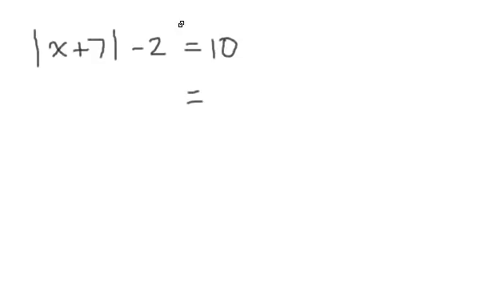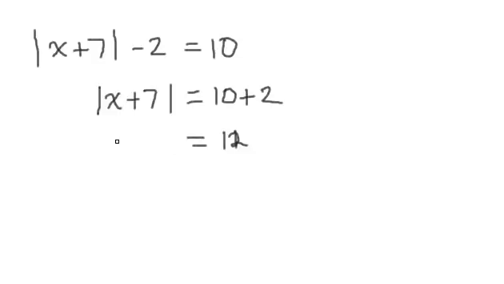So I'm going to take this negative 2 over to the right, and it's going to become 10 plus 2, and we have the absolute value of x plus 7. So now we have 12, and the absolute value of x plus 7.